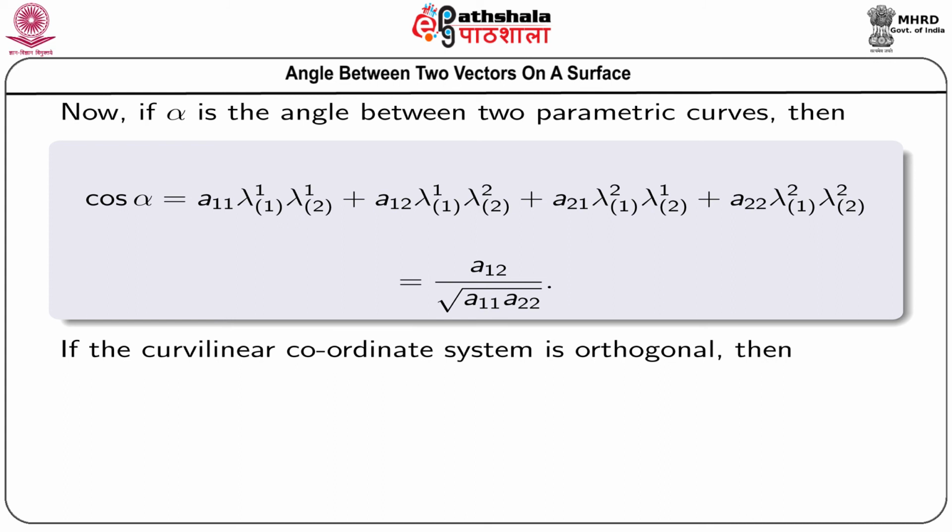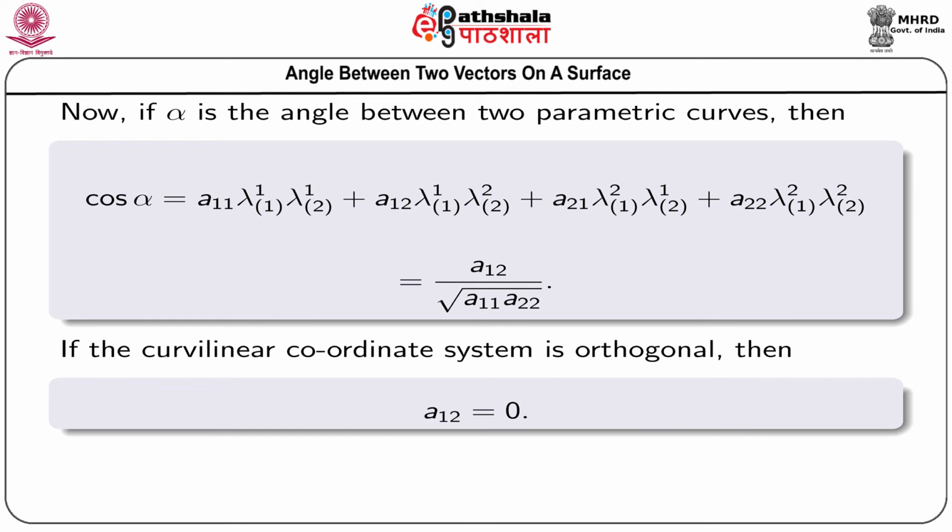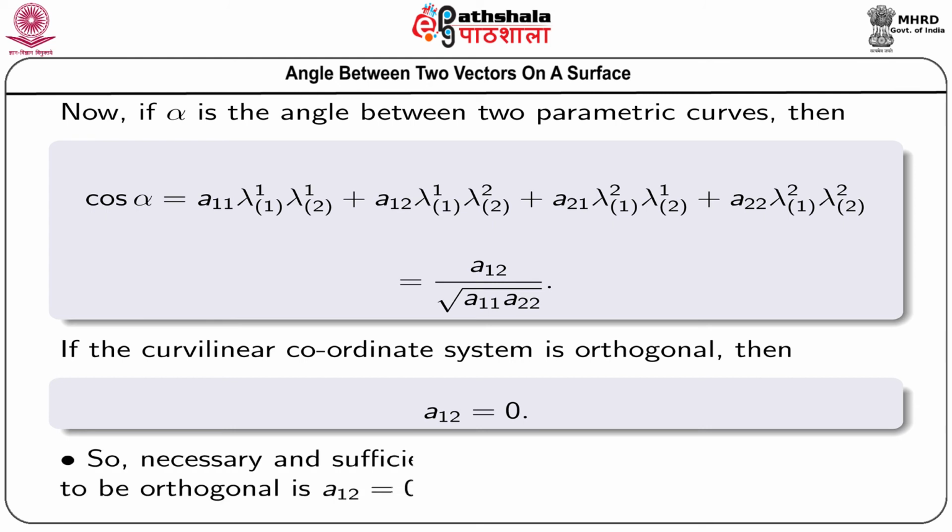Now, if the curvilinear coordinate system is orthogonal, then obviously alpha equals pi by 2 and the value of a12 will be equal to 0. So, we can say that the necessary and sufficient condition for parametric curves to be orthogonal is a12 equals to 0.